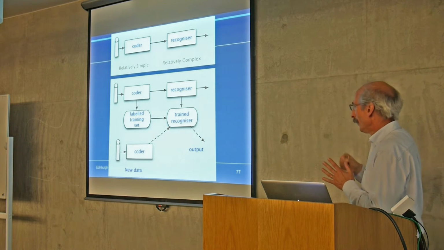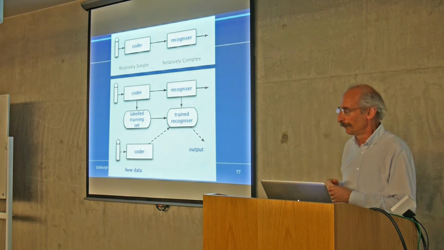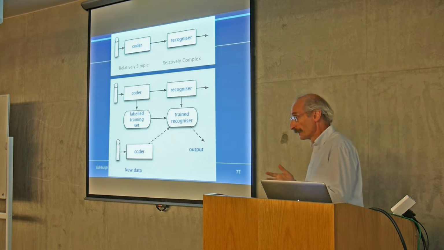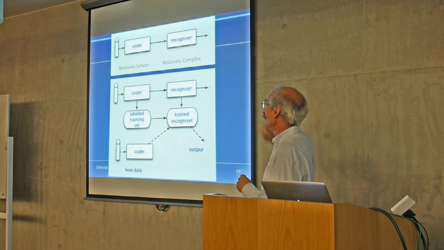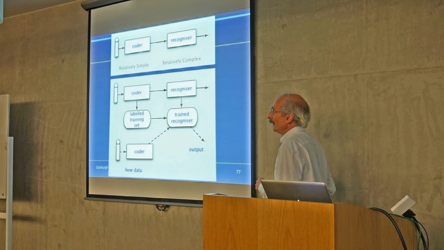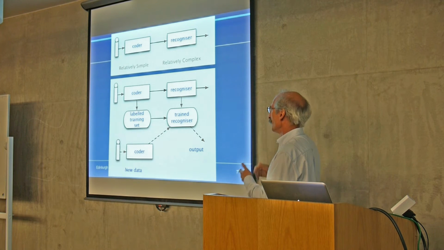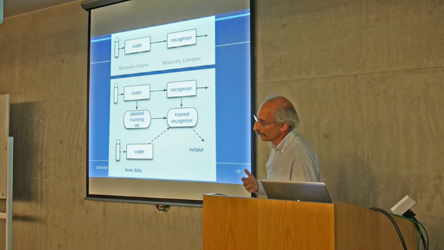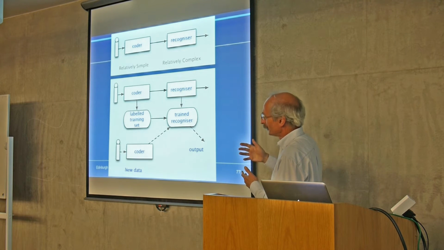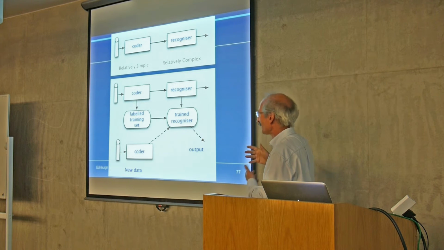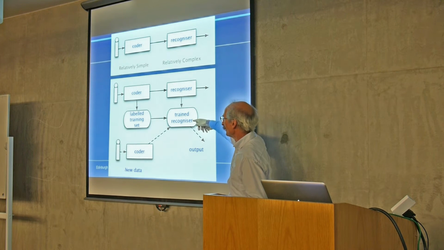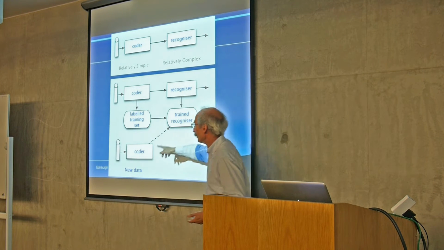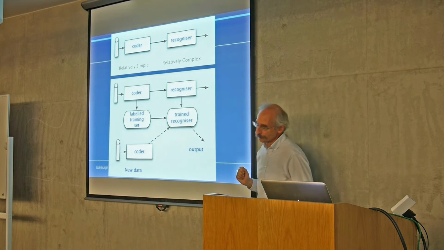So, on the standard system, you have a coder like the MFCC coder, or any other kind of coder, and then you have a recognizer that goes with that. And the way in which it works is that you take the coder, you have a labeled training set, you train up the recognizer on the data that comes from that coder. That gives you a trained recognizer, and you use the same coder to generate the output.